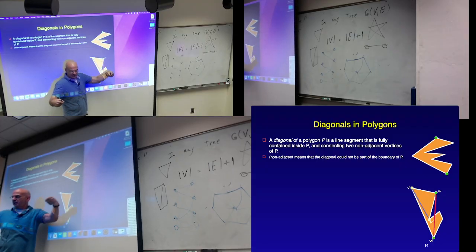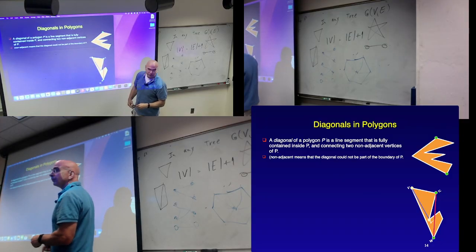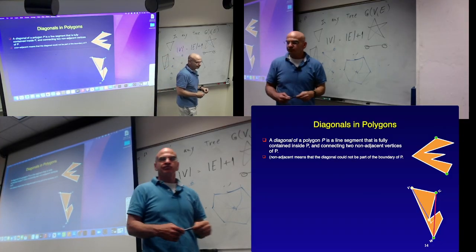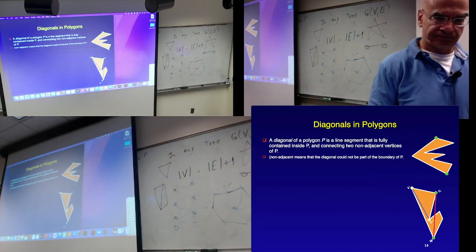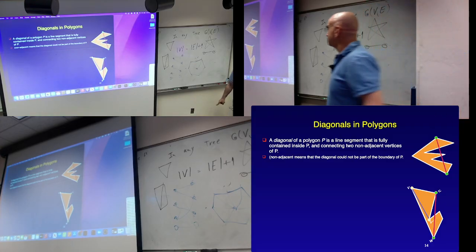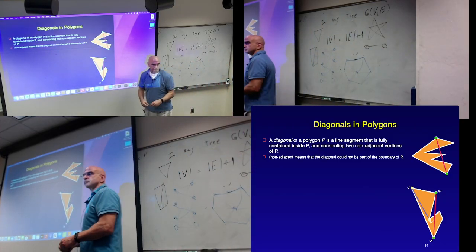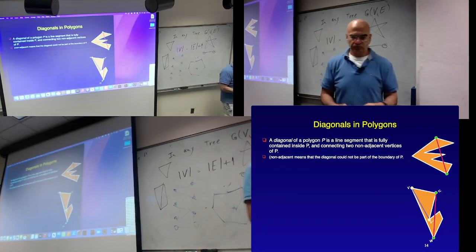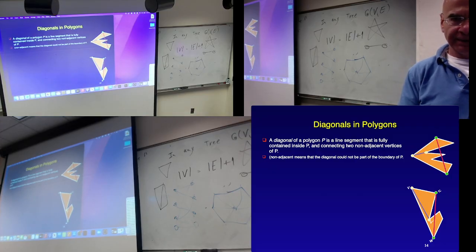It has to connect two vertices that are not adjacent, and it has to be fully inside the polygon. So this is not a diagonal, but this one is. It connects two vertices and it's fully inside the polygon. This one is too.